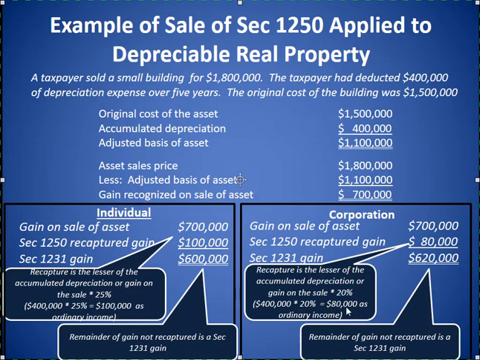So that means $80,000 is recaptured as ordinary income. So the gain on the sale of the asset is $700,000. We have a recaptured gain then, ordinary income of $80,000, and we end up with a net Section 1231 gain of $620,000.